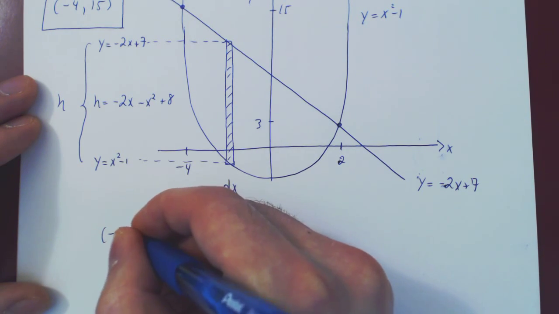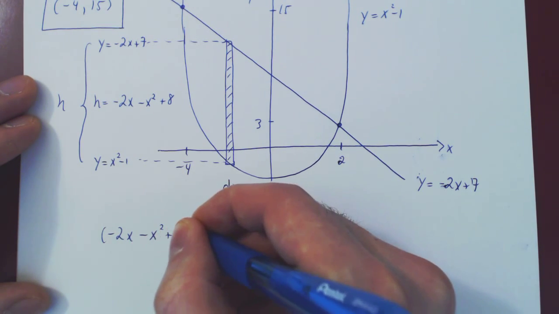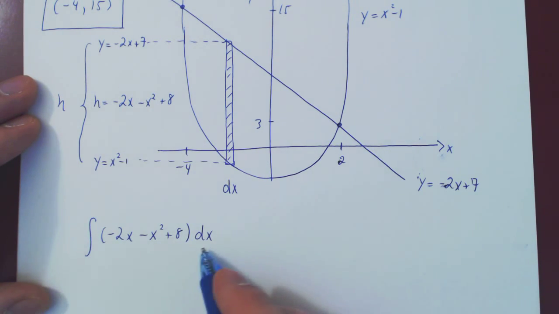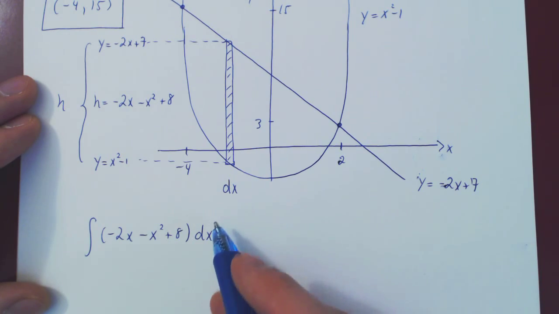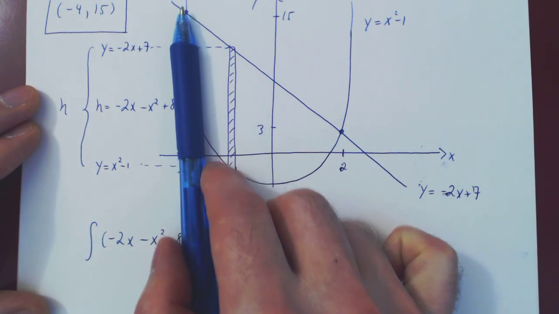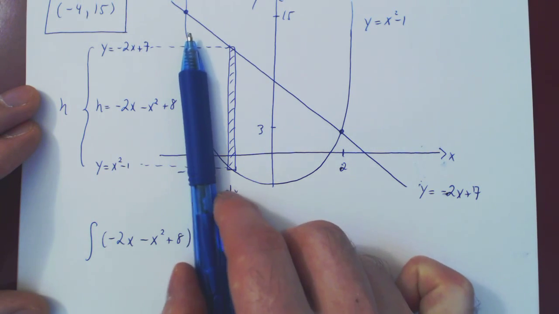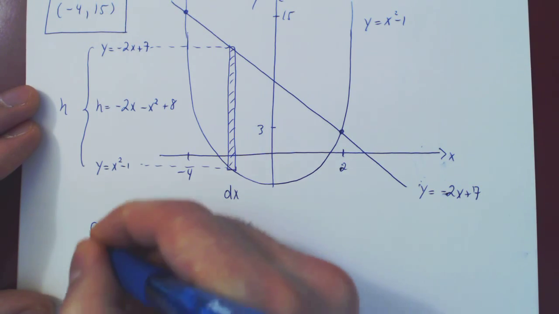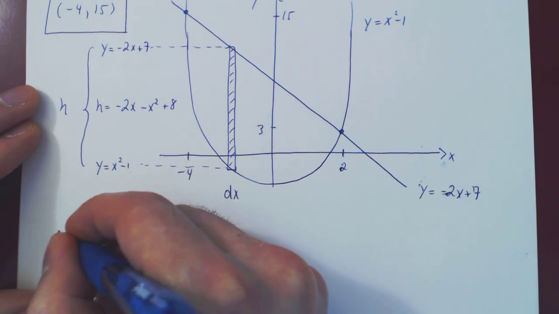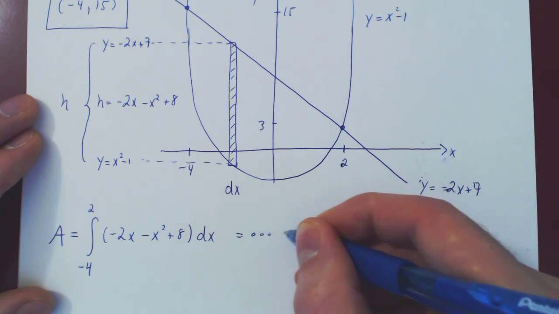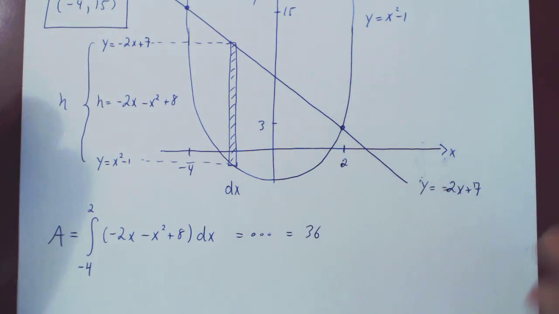So negative 2x, negative x squared, positive 8, dx. And we have to sum the area of all these rectangles along the x-axis. But our rectangles along the x-axis span from x equals negative 4 all the way up to x equals 2. And that gives us the area of the region. And of course, if you evaluate this, you will get the same as before, 36.